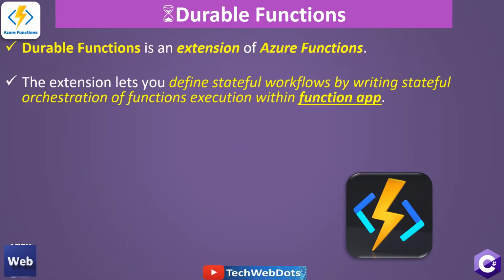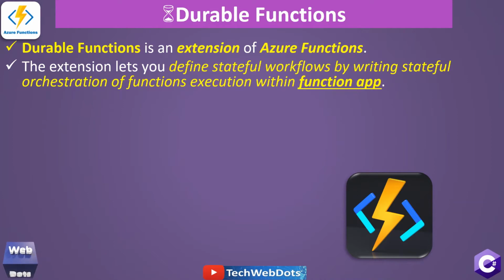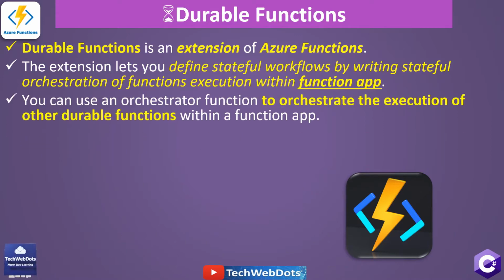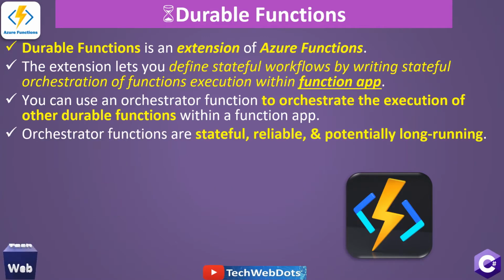Okay, now before moving ahead to code constraints, I want to give you a brief about durable functions, which is an extension of Azure Functions. The extension lets you define stateful workflows by writing a stateful orchestration of function execution within a function app. You can use an orchestration function to orchestrate the execution of other durable functions within a function app.